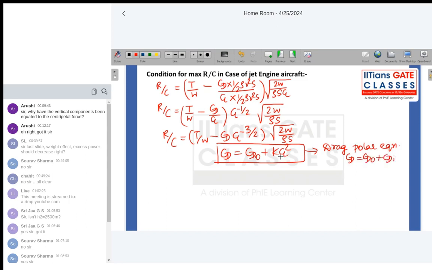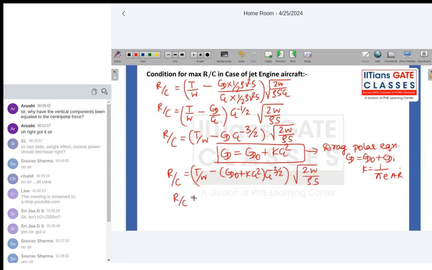CDI can be written as KCL square, where K is nothing but 1 divided by pi AR, where AR is the aspect ratio, E is the Oswald efficiency factor. Substituting all these parameters here, what happens? Rate of climb can be rewritten as thrust by weight minus CD naught plus KCL square into CL power minus 3 by 2 into root of 2W by rho S.